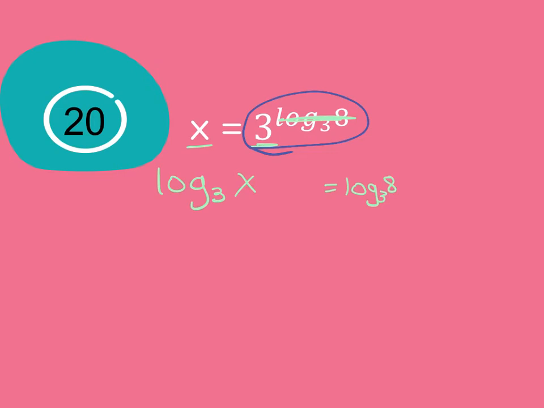But the exponent of this one had the log in it. So if this was just x equals 3 to the second, and I wanted to convert that to log, the 3 becomes the base. I would say log base 3. Remember, they don't stay together. The x comes with the 3, and the 2 falls to the other side.